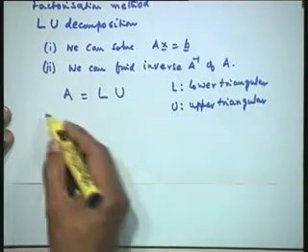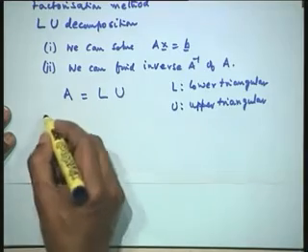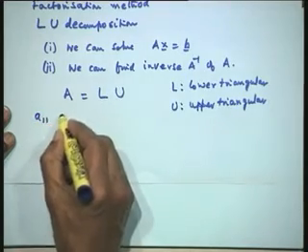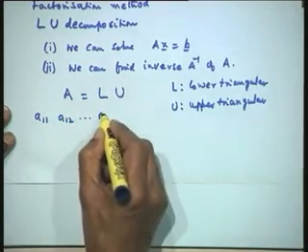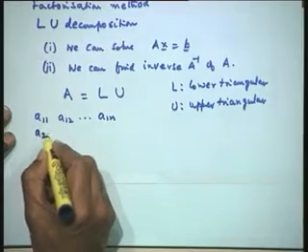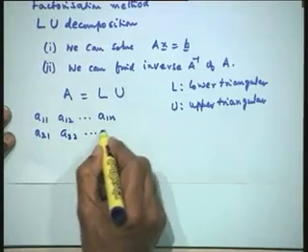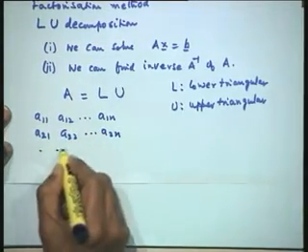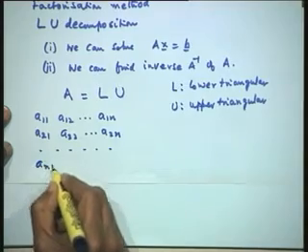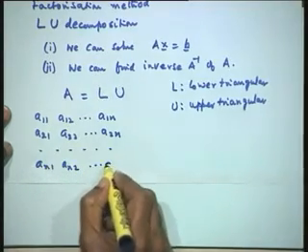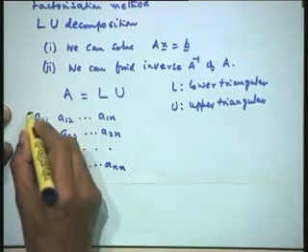Now, let us just write down how it looks. So, let us write down A11, A12, A1n, A21, A22, A2n, AN1, AN2, ANN.